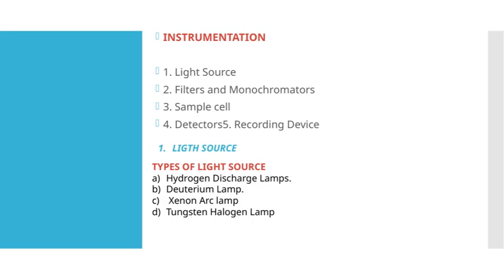After that, detectors measure the transmitted or emitted light, converting it into electrical signals. Finally, the recording device captures and stores this data for analysis. Each element plays a crucial role in ensuring accurate and reliable spectroscopic measurements, and understanding the different light sources helps us choose the right one for our specific research needs.